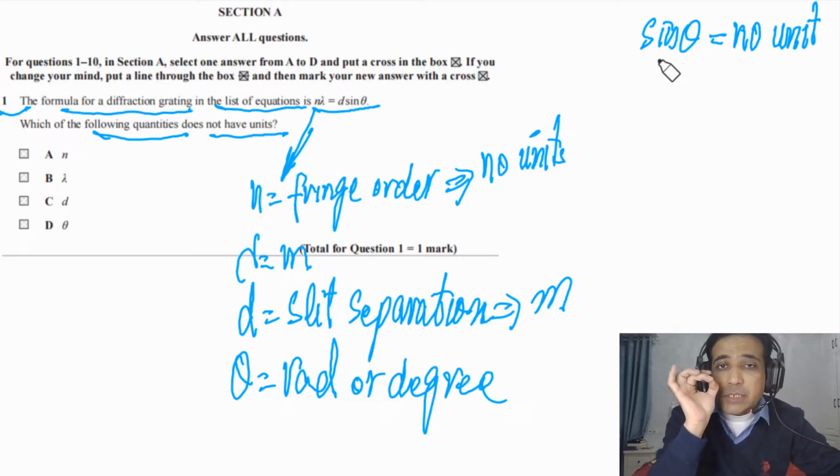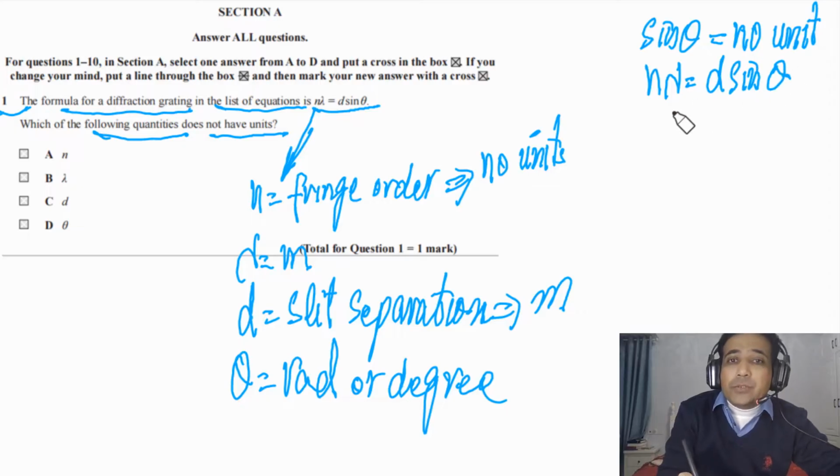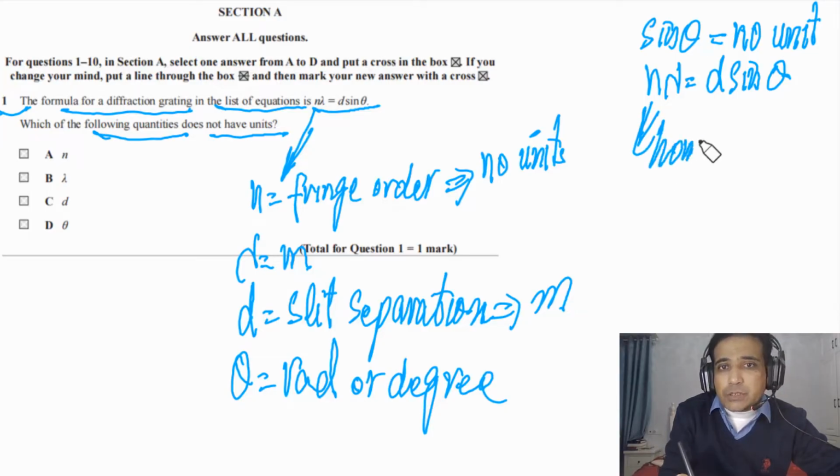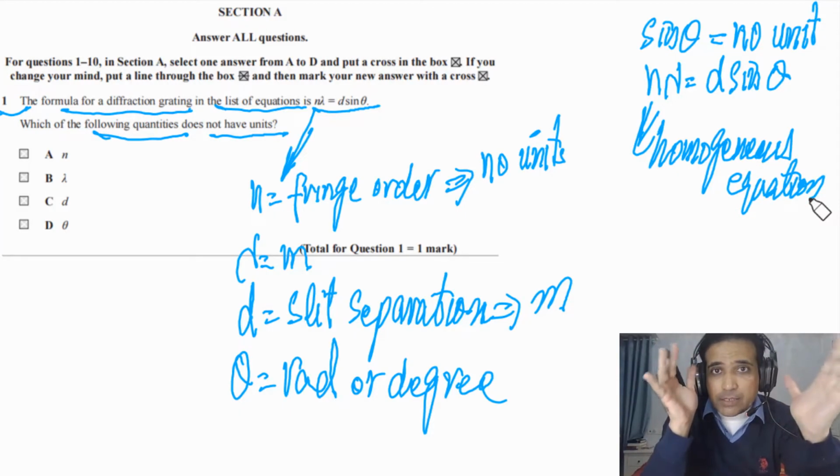Why is it dimensionless and how can we prove this? If you look at the given equation, n lambda is equal to d sine of theta. This is a homogeneous equation. It means that units on both sides are the same.